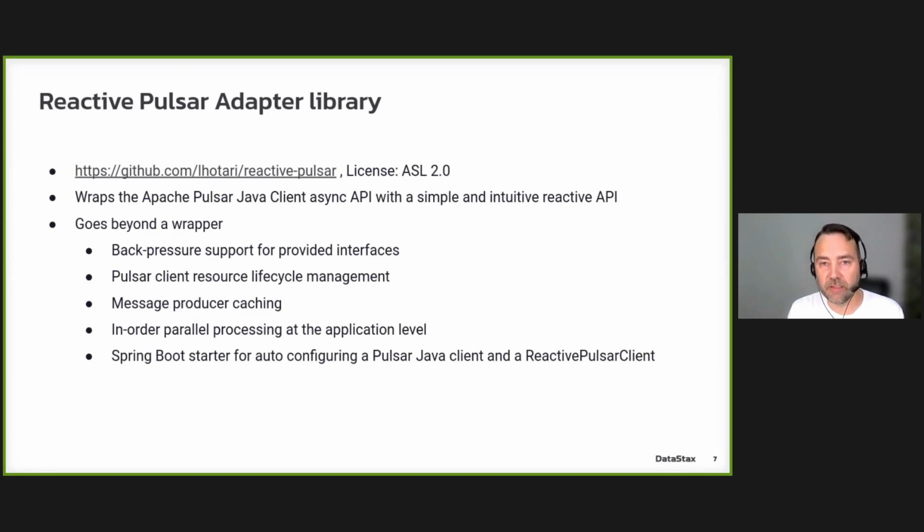It's licensed under Apache Software License 2.0, and there are currently some discussions going on about where to take this project eventually. This wraps the Apache Pulsar Java Client asynchronous API with a simple and intuitive reactive API.